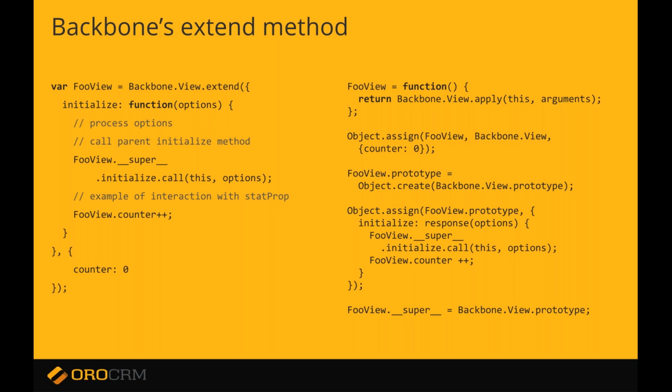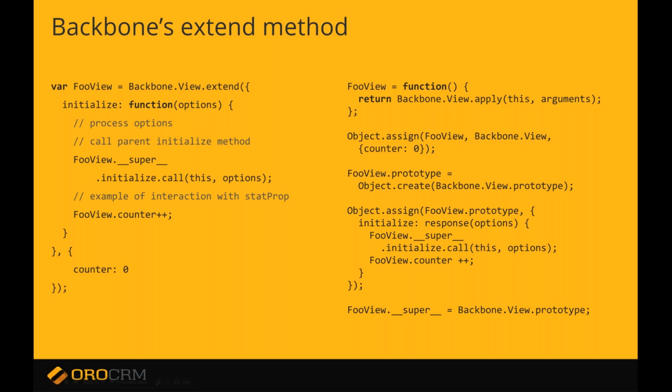After that, we have created the FooView prototype object, and we will merge all prototype properties that we have passed into the extend method. For our case, it is only one method, initialize.